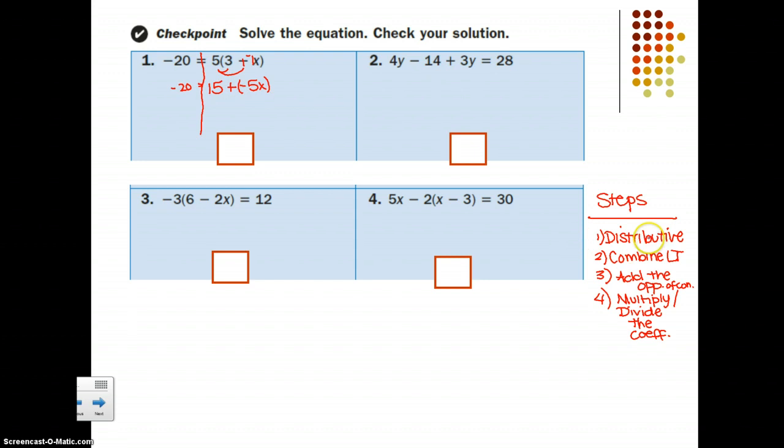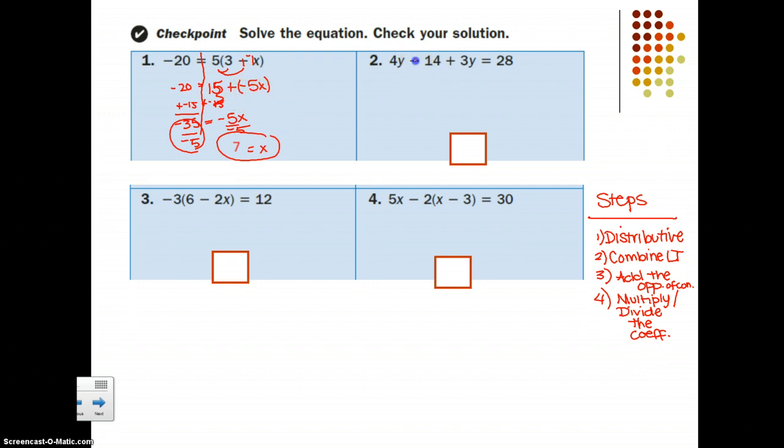So we did distributive property. There is no like terms. So now I can add the opposite of the constant. So I'm going to add negative 15. Negative 35 equals, that clears, negative 5x. Divide by the coefficient. Your answer is positive 7. Again, you can always go back and check. This is definitely something you want to do before you hand in anything that's graded.